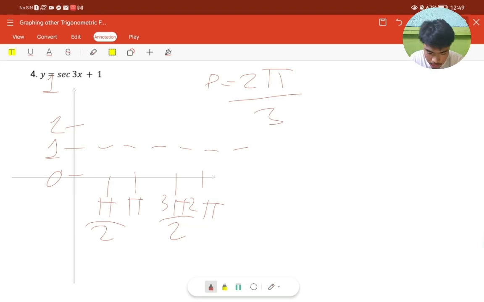So the curves, the bases of the U shape are exactly one unit above. Kung ano sect is the reciprocal of cos.